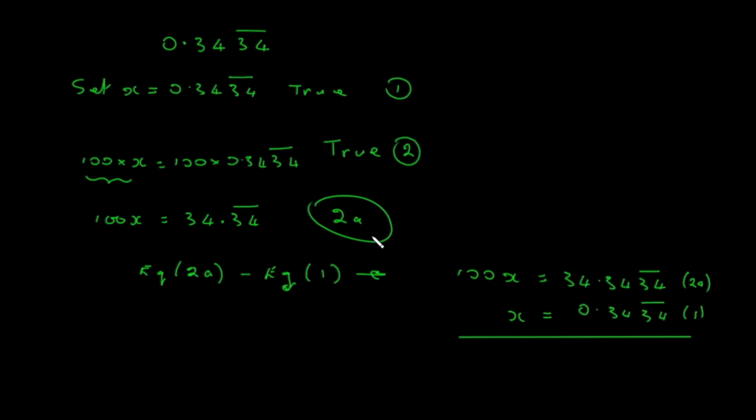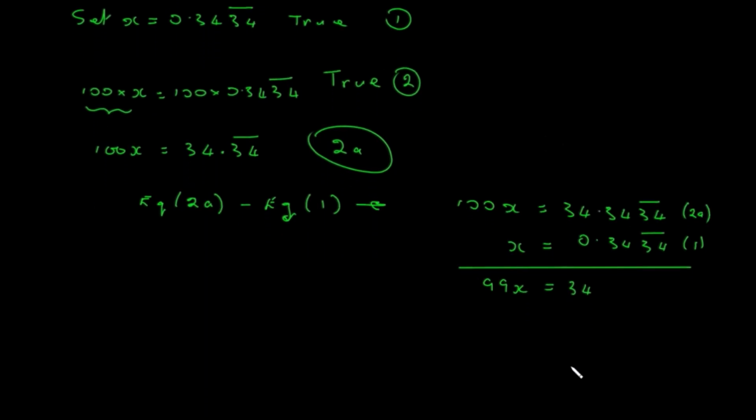Just subtract that from that. 1x from 100x gives me 99 lots of x equals, and magically all the decimal points disappear. So what we end up with is 99x equals 34.